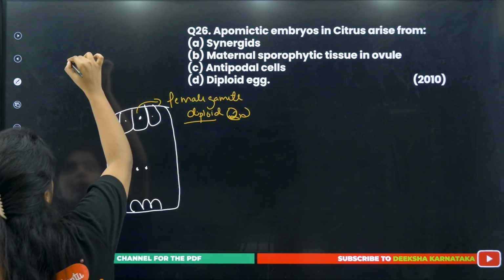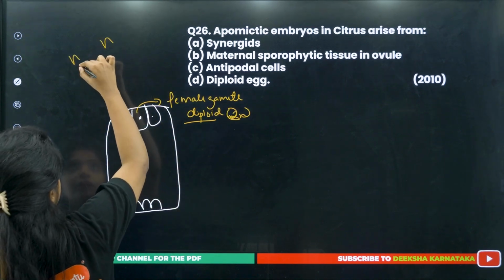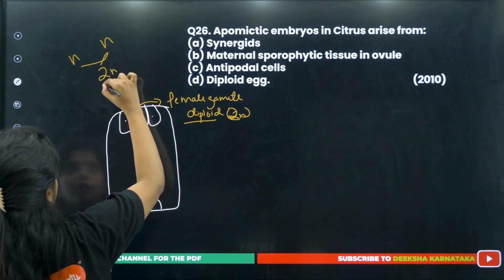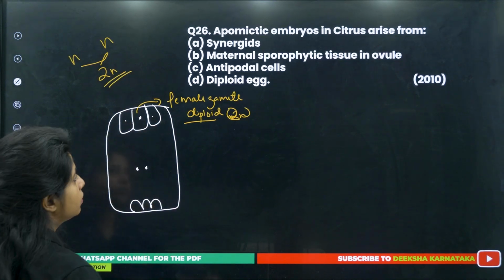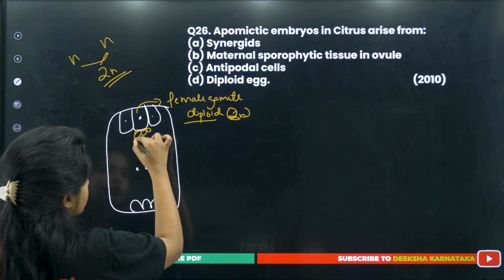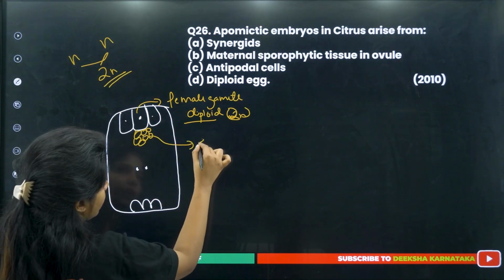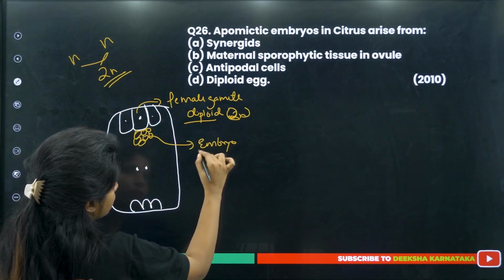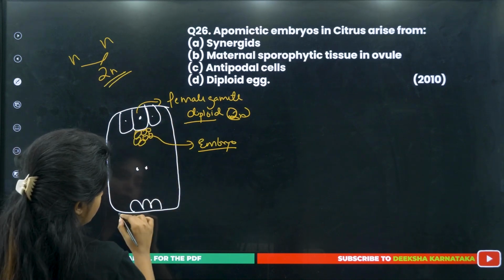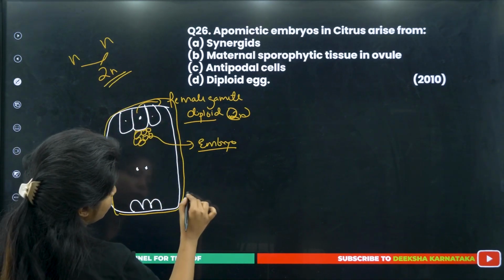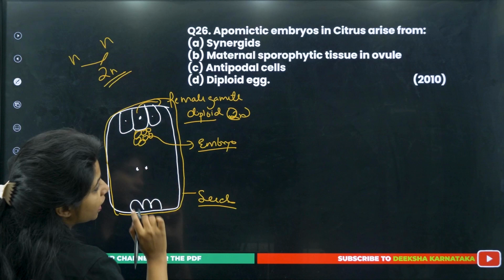Usually what happens, a haploid sperm comes, a haploid female gamete comes, both form a diploid embryo, the zygote, right? Now over here you already have a diploid cell. This diploid cell will undergo division and then form the whole embryo. So basically the ovule which is there is now converting into what? A seed. This is one type of apomixis.